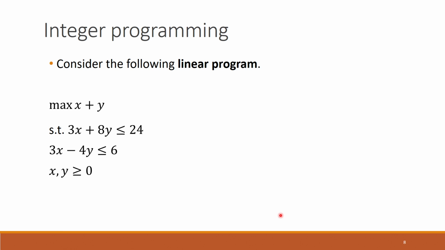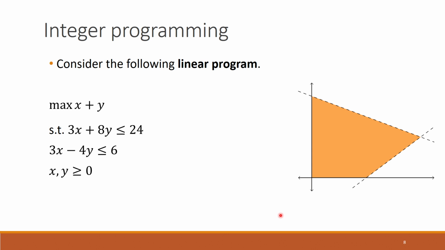Just to start, the motivation for why we need a different approach to solve integer programs, and why we cannot use the approach that we have already seen for solving linear programs. Let us look at this linear program. It is trying to maximize x plus y subject to the constraints that 3x plus 8y is less than or equal to 24, 3x minus 4y is less than or equal to 6, and x and y greater than or equal to 0.